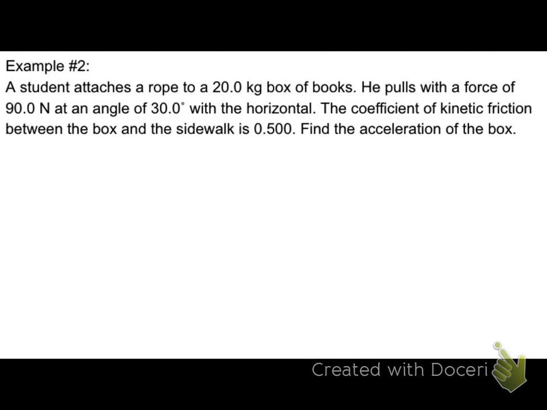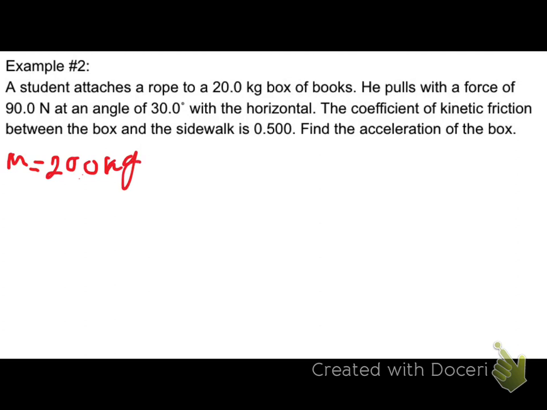In 2 minutes, I will do the setup, so drawing all the known and unknown values, and then about 2 minutes after I draw the setup, we'll work it together as a group. Okay? Things we know: we know the mass of the object, 20 kilograms.